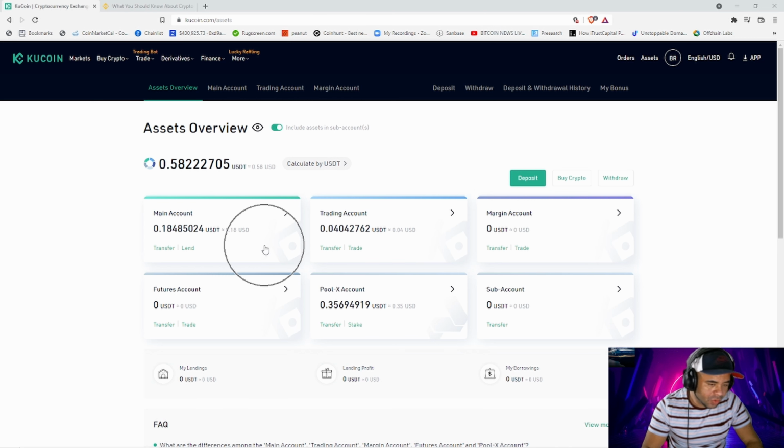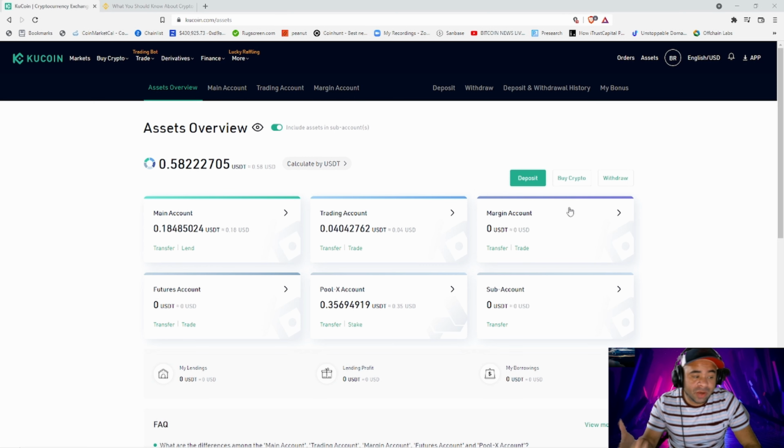So with all that being said, now we know how to operate the spot trading here, right? And you could transfer to any one of these locations. Margins, what is margins? Margins is basically a trading platform just like futures, except futures typically has an expiration date and margins does not. Margins, being the way they are, you can trade any pair against any pair. They have a lot more pairing options, and basically you're trading off the volatility of one coin versus another.